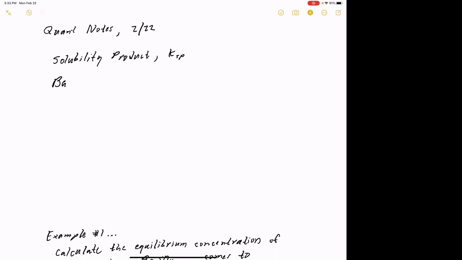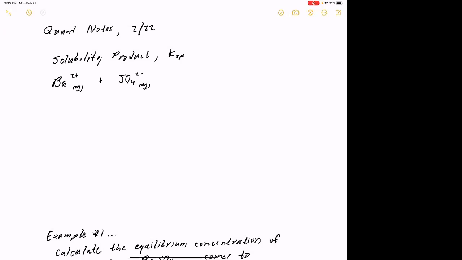I could have barium ion, which I could introduce as, say, a soluble barium salt like barium chloride. And I could let that react with sulfate ion, which again, I could introduce into solution with some soluble salt like, say, sodium sulfate or ammonium sulfate or something like that.